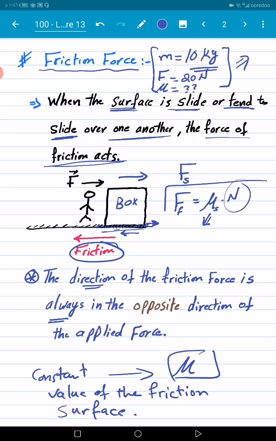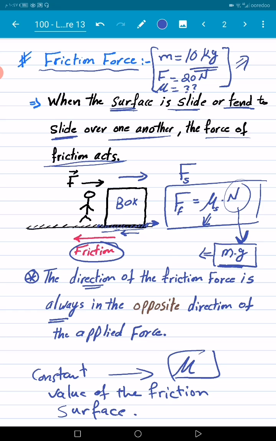By using this equation. The normal force, as we mentioned in the first lecture when we discussed the forces, is equal to mg. It is the weight force.